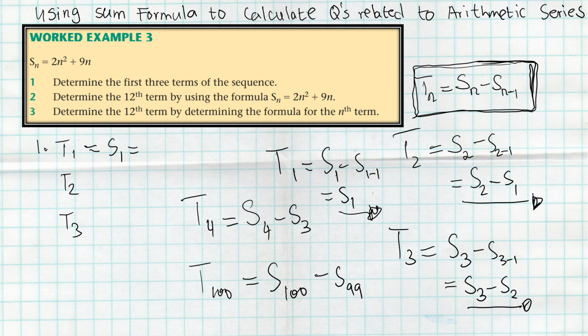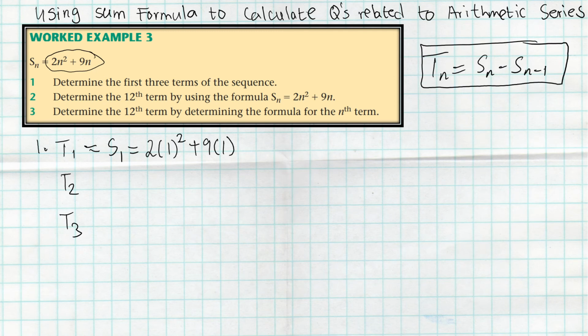So where there is n, we're going to replace with 1, using the formula we're given, and we calculate our term number 1. 1 squared is 1, 2 times 1 is 2, plus 9 is 11. So term number 1 is 11.